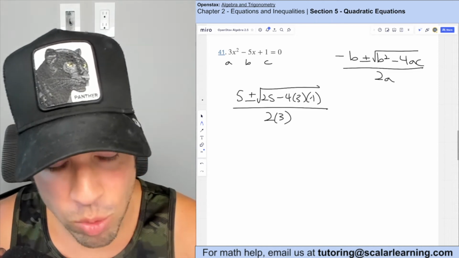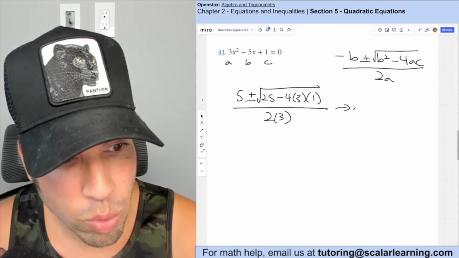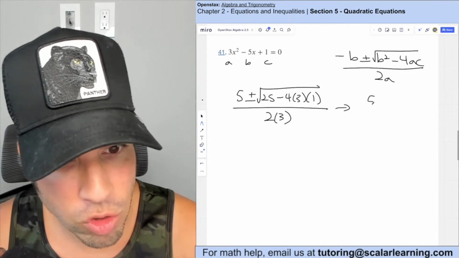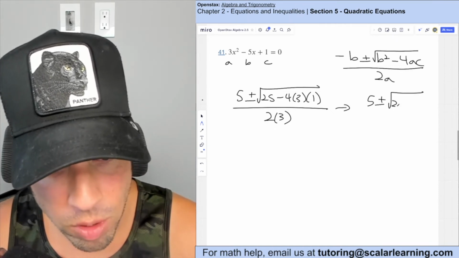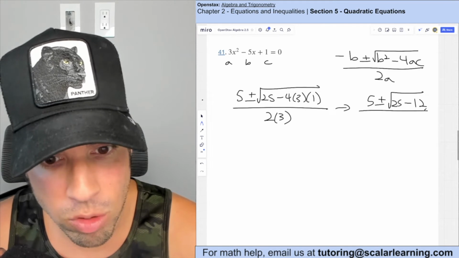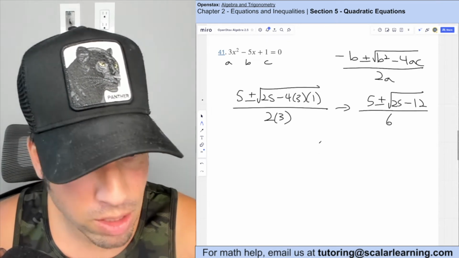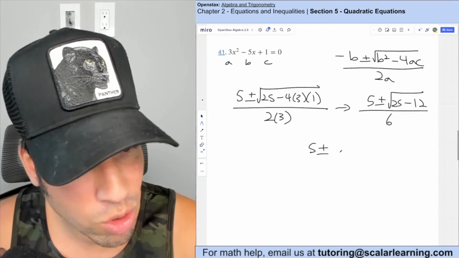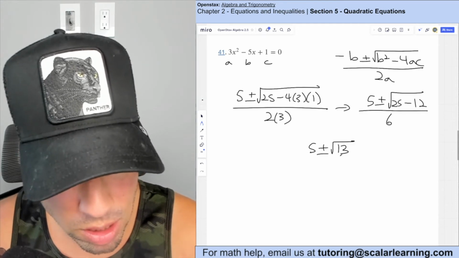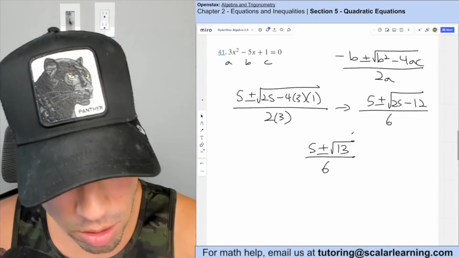So 4 times 3 times 1 is 12. So 5 plus or minus the square root of 25 minus 12, over 2 times 3, which is 6. 25 minus 12 is, of course, 13. So we got 5 plus or minus the square root of 13, over 6, are the solutions.